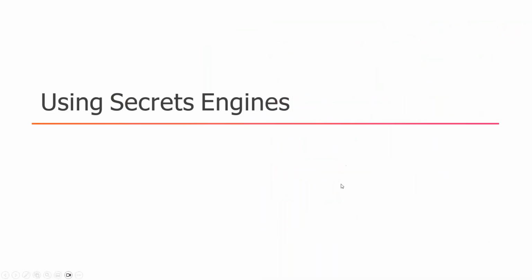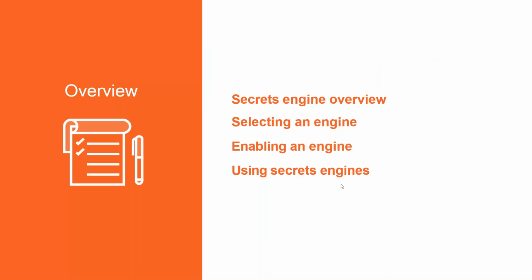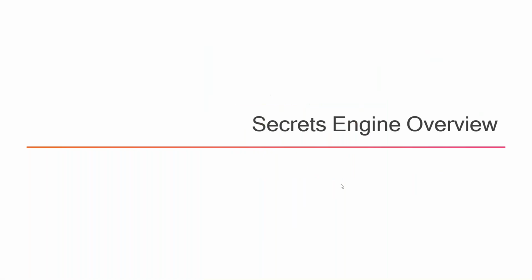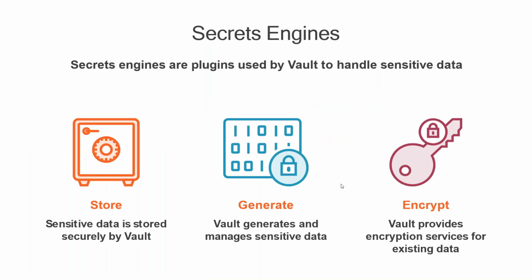As part of this discussion, we are going to understand what a secret engine is, some discussion around which one you should select, how we enable each engine, and then how we use it. Simple. So, secret engines are plugins used by Vault to handle sensitive data. This plugin will help you store sensitive data, which is secured by Vault.